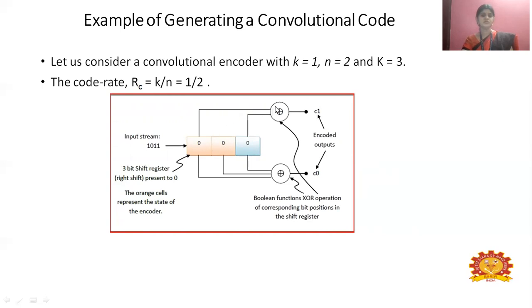Here, to the first modulo 2 adder, two inputs are given, that is, the first bit and the third bit.